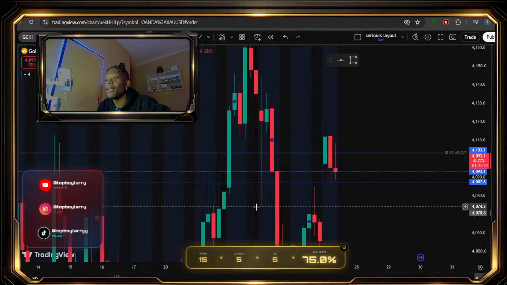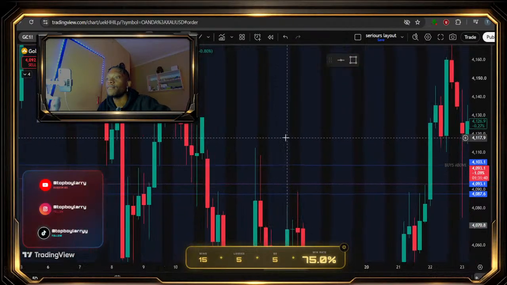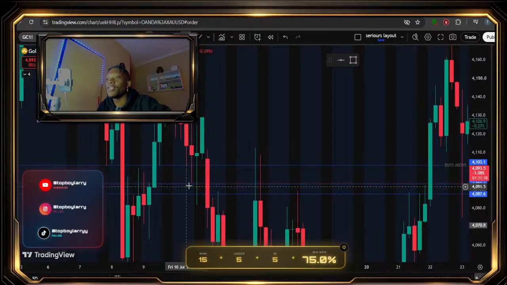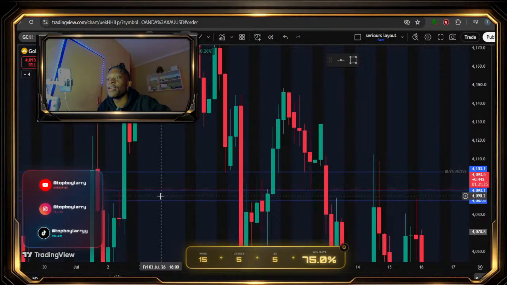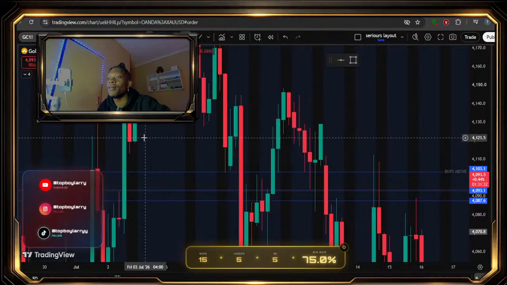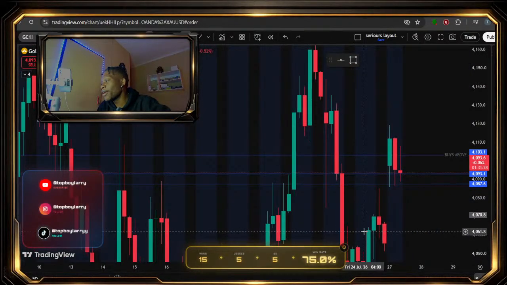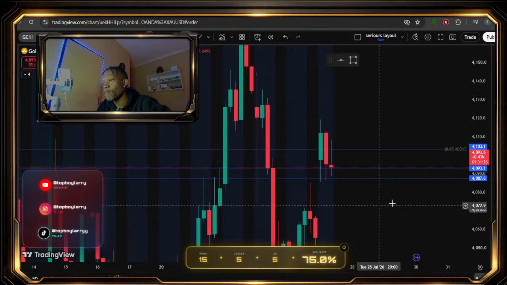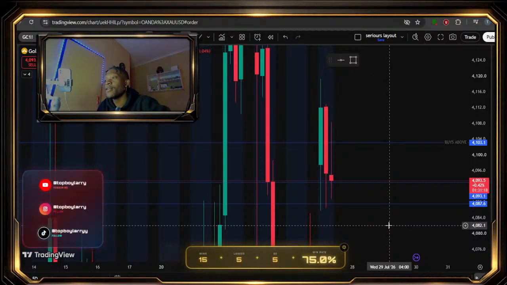Every time we tap this area, price moves up. So yeah, we do see that there's potential moves up here. And we've been creating rejection twice here. Rejection here, rejection here. So we'll see.